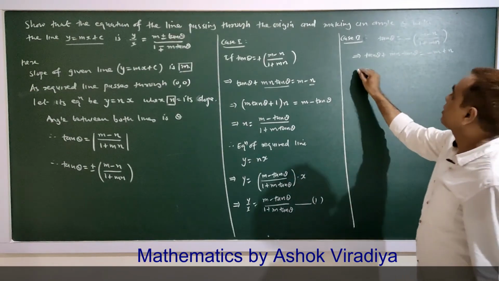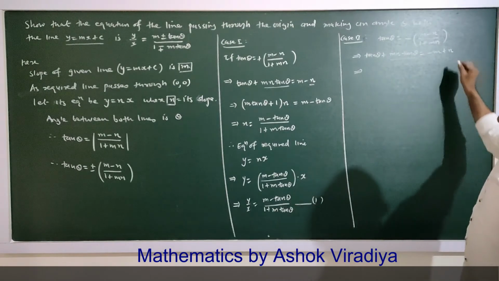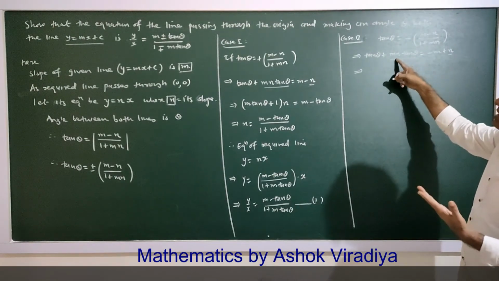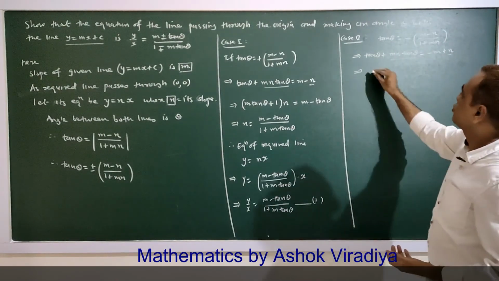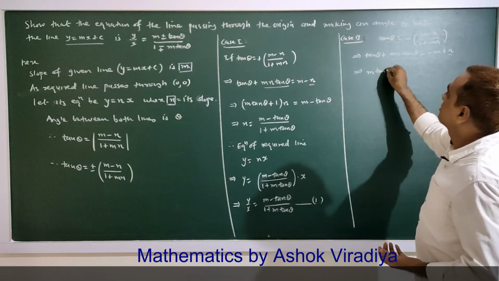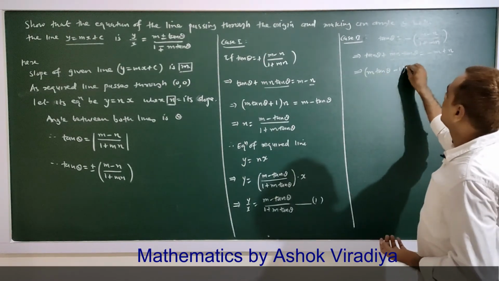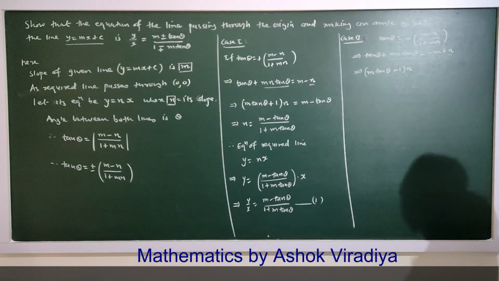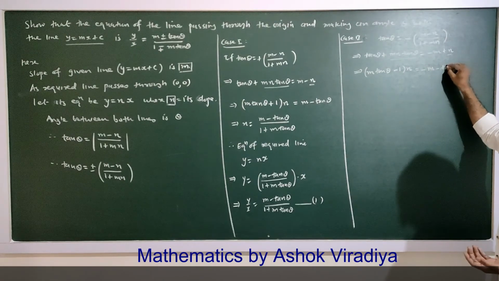That is, now we want value of n. So here this is mn tan theta, this is plus n. So mn tan theta I am taking on this, this n I am taking on this side. So m into tan theta minus 1 into n. This number is shifted on left side and n is taken common, equal to minus m minus tan theta.